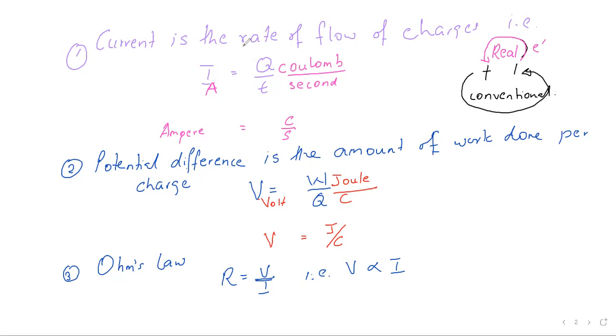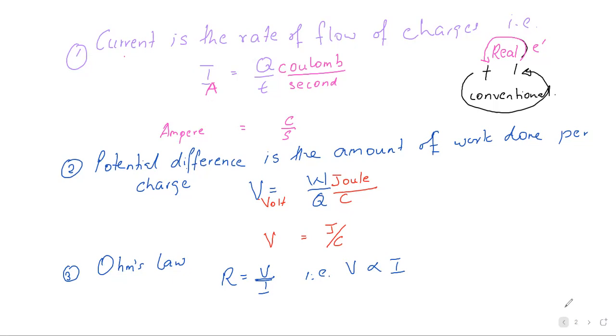Now, the current is the rate of flow. How many charges are flowing there per second will define the current for you, give you the size of the current, the magnitude of the current. And the potential difference is the amount of work that the battery or the cell can do on charges to make the charges flow.